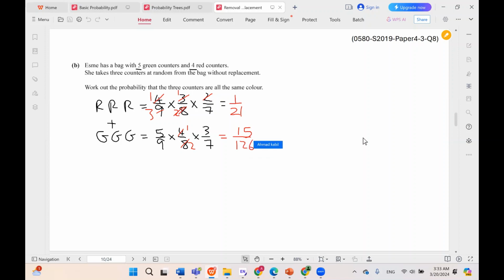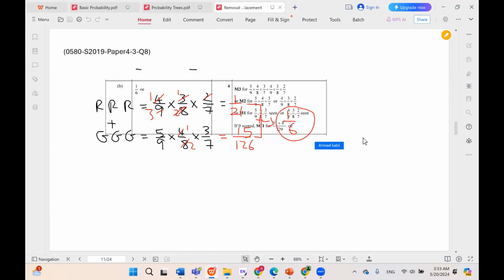Now we add these up together. So 1 over 21 plus 15 over 126. The answer is 1 over 6. And 1 over 6 here is the correct answer.